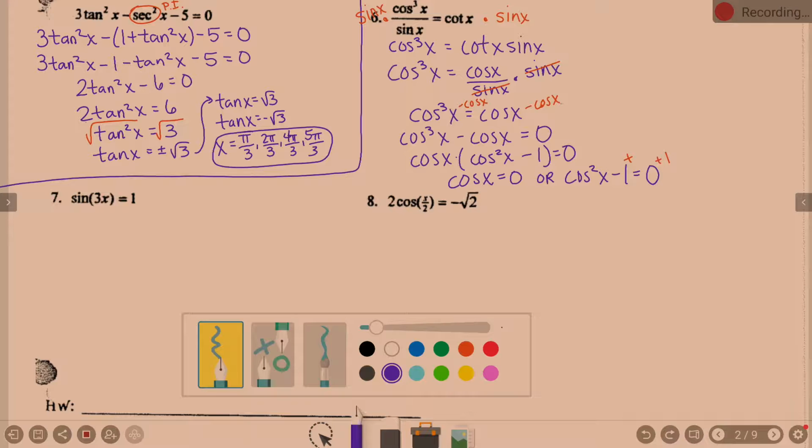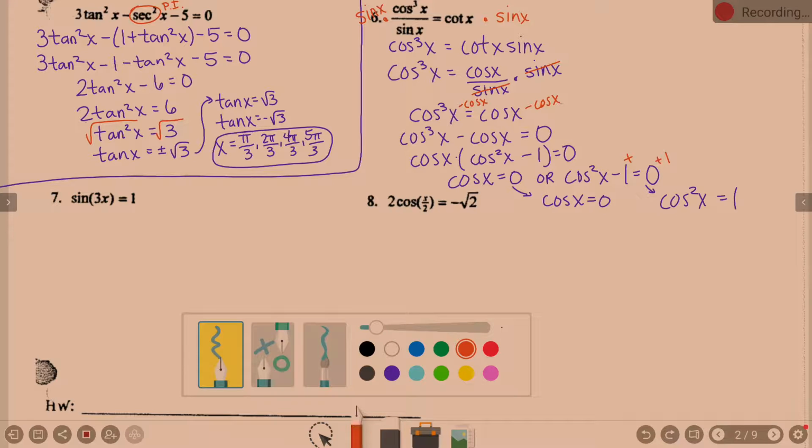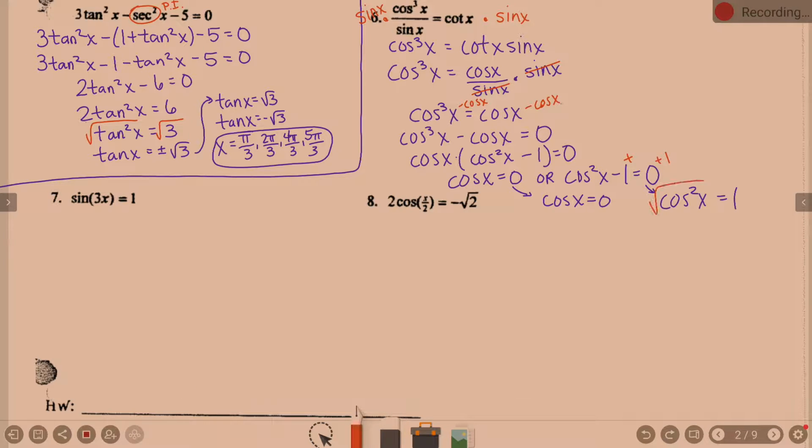I'm just going to kind of scoot it over here. Here we still have cosine x equals 0. Over here we have cosine squared x equals 1. When it's cosine squared x equals 1, what do I have to do? We're going to take the square root. We did that yesterday, right?